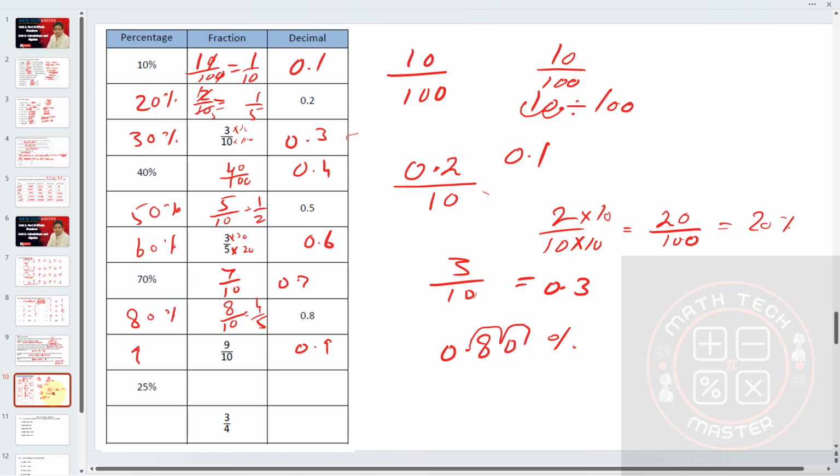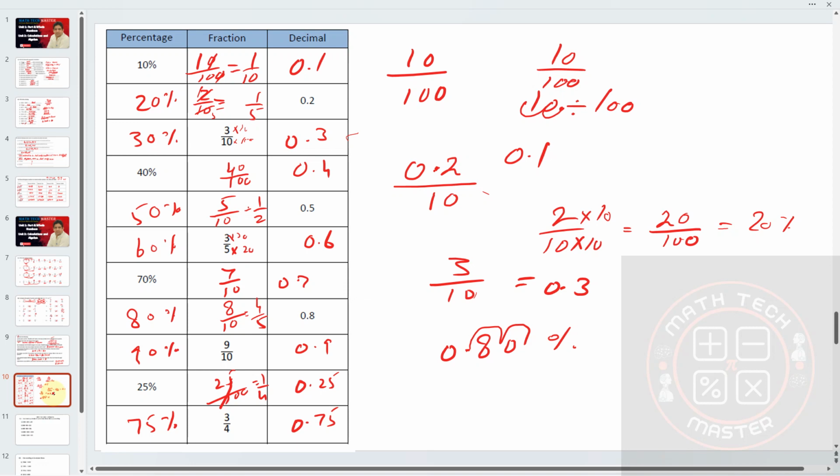0.9 and 90%. Okay, 25%. So we can write 25 over 100. We can cut it and change it into 1 over 4. So 0.25 can also be the number. Then 3 over 4 is always 75% of the number.